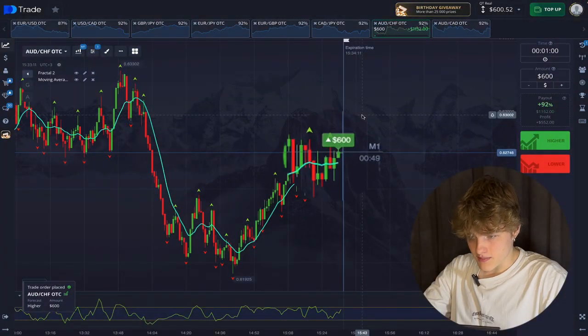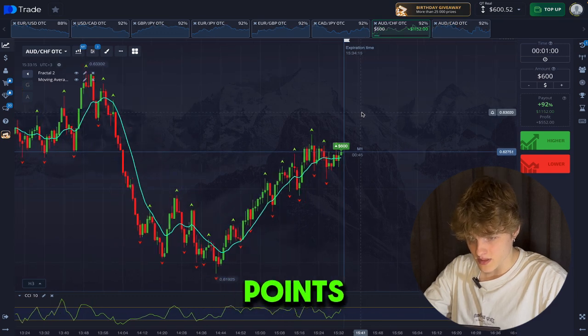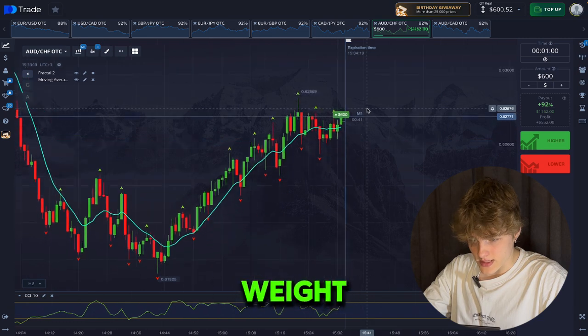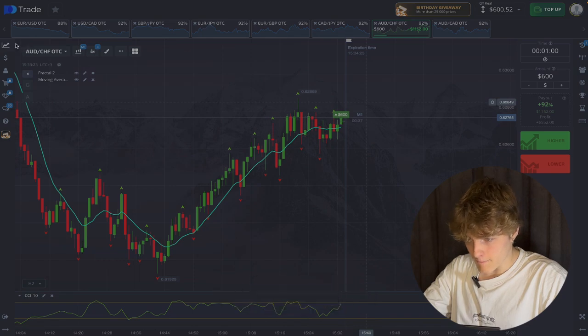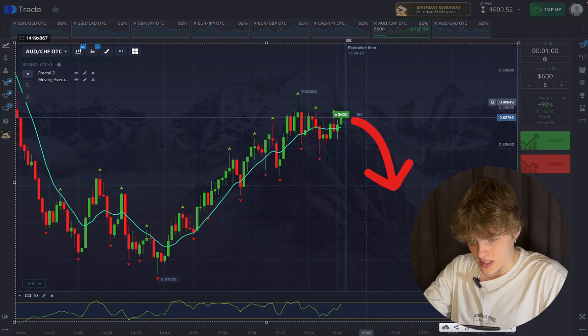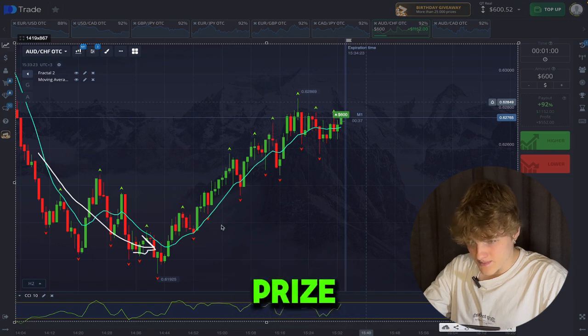And right here, by the way, we have a pretty good entry point. Overall, I will focus on the trend and just the weighted moving average. So let's highlight the working area. Earlier you might have noticed that the movement was going down, and this is a small consolidation area of the price.